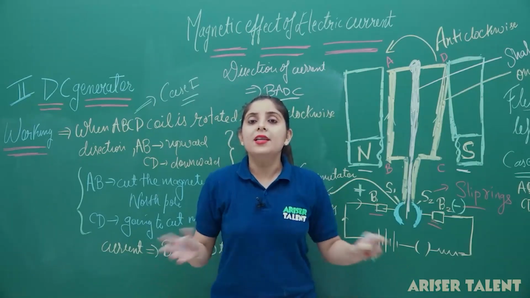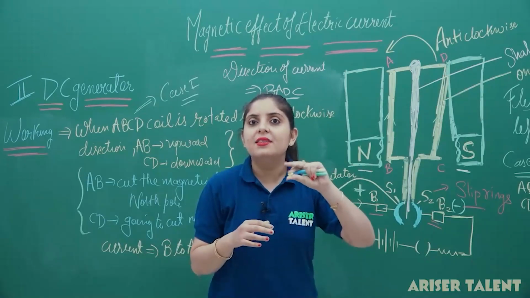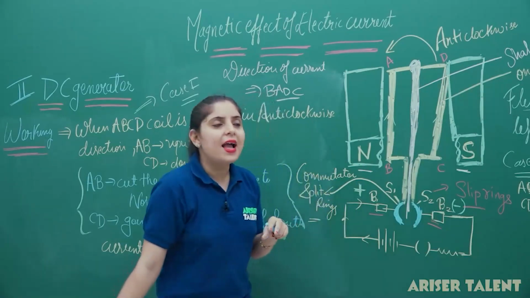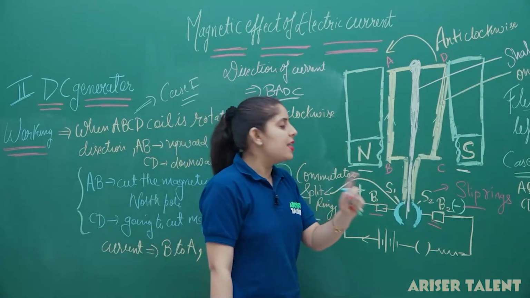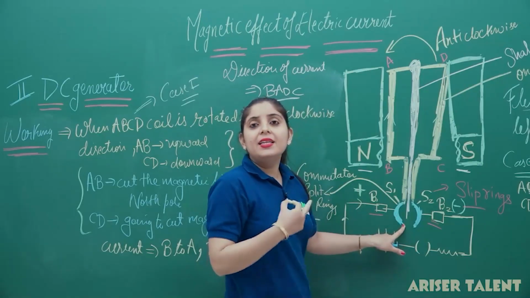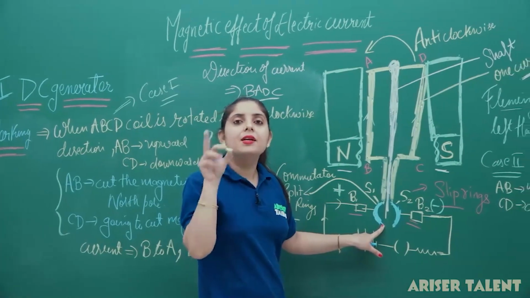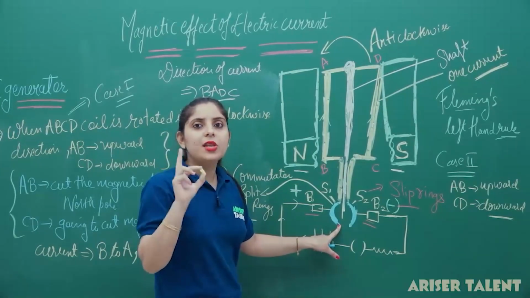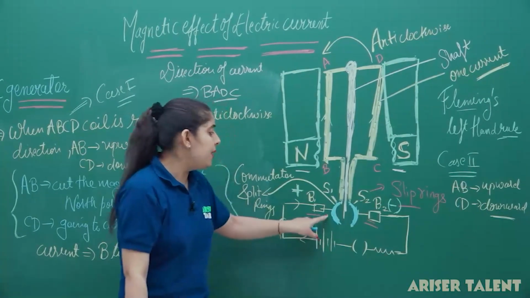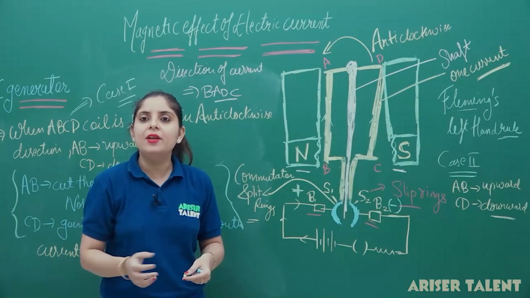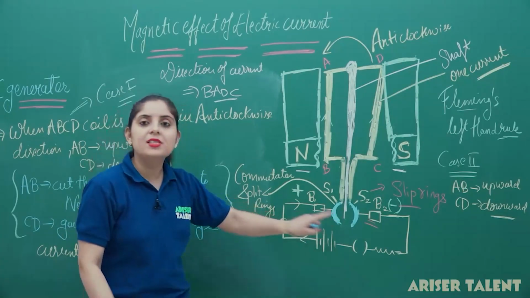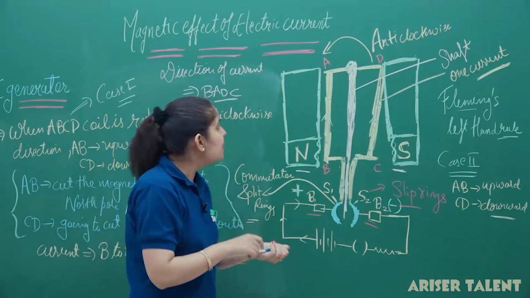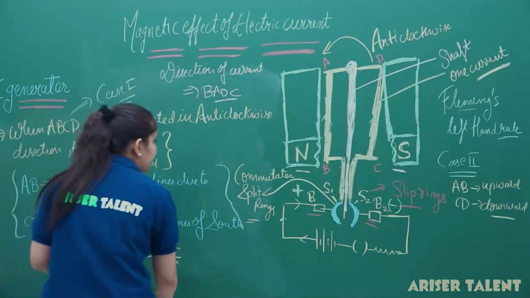Now, what is the basic difference you have recognized in these two generators? You have just seen that there is only one difference, that is about the slip rings. In case of AC generator, you have taken complete rings. You have taken the two slip rings which are complete rings. But in the case of the DC generator, what have we done? We have taken the two slip rings which are half rings. So this is the basic difference between AC and DC generator.